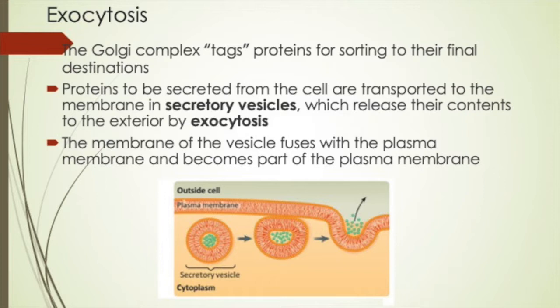So we go into the next slide. So with exocytosis, they can exit through secretory vesicles. Basically, the Golgi complex tags the protein for its final destination.